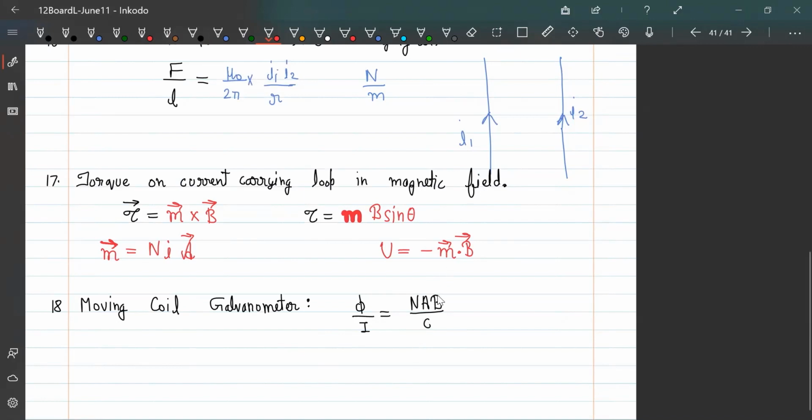So what is phi? Phi is the deflection. Phi is called the angle of deflection. I is the current, of course. N is the number of turns.